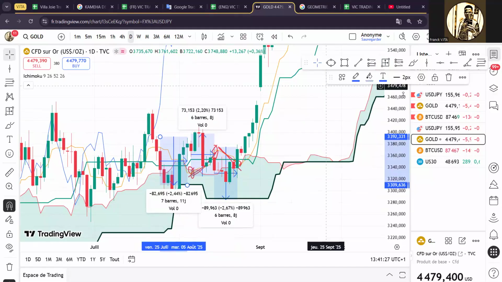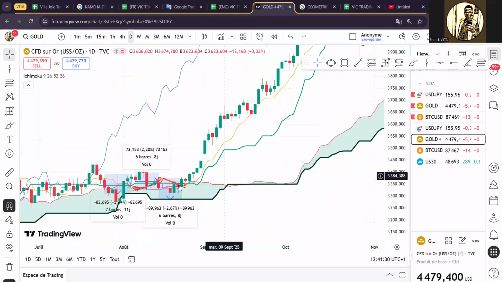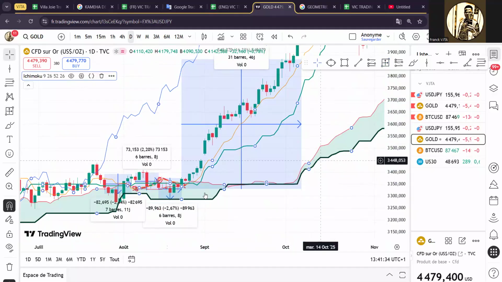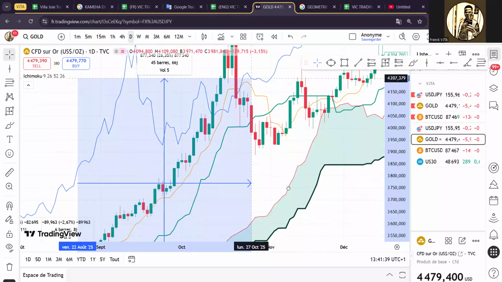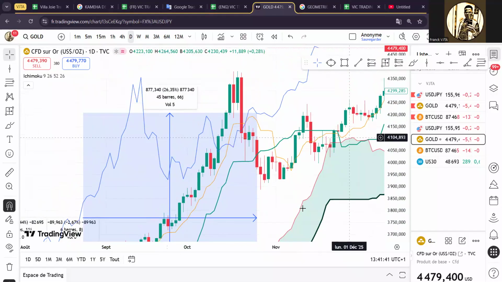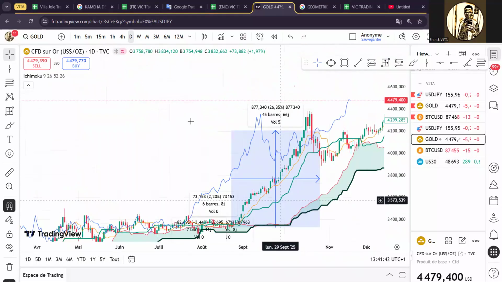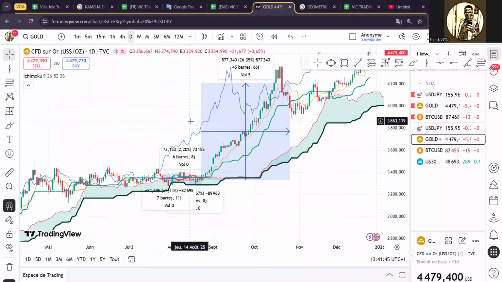But this one, on daily, this bending made 66 days until here, like 2 months and a half, right? So you can actually see that when it bends on the daily time frame, it can make at least 1 or 2 weeks for a downtrend.